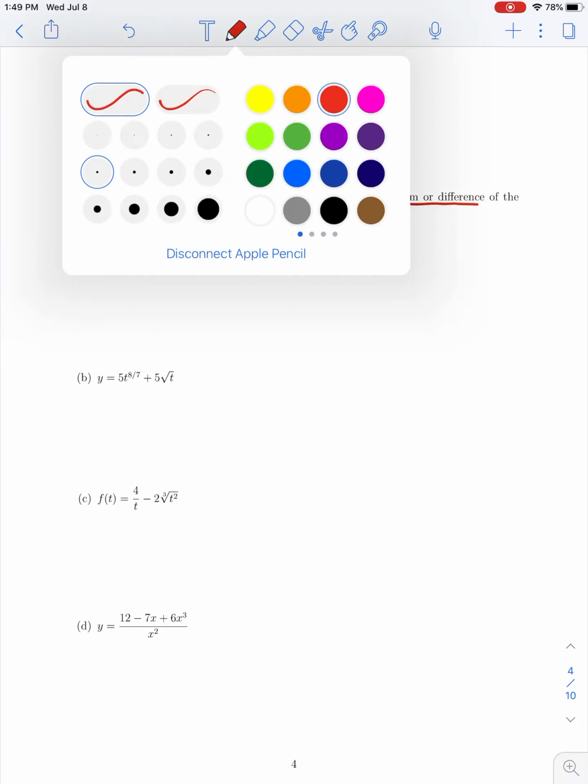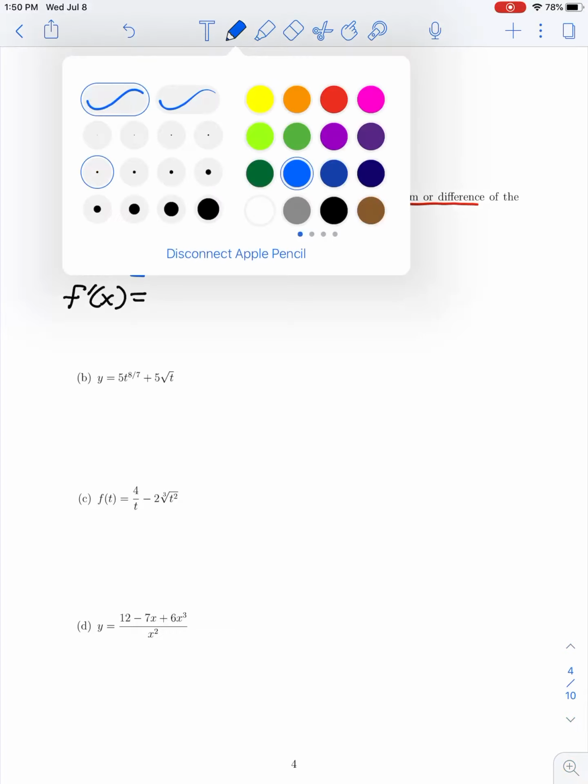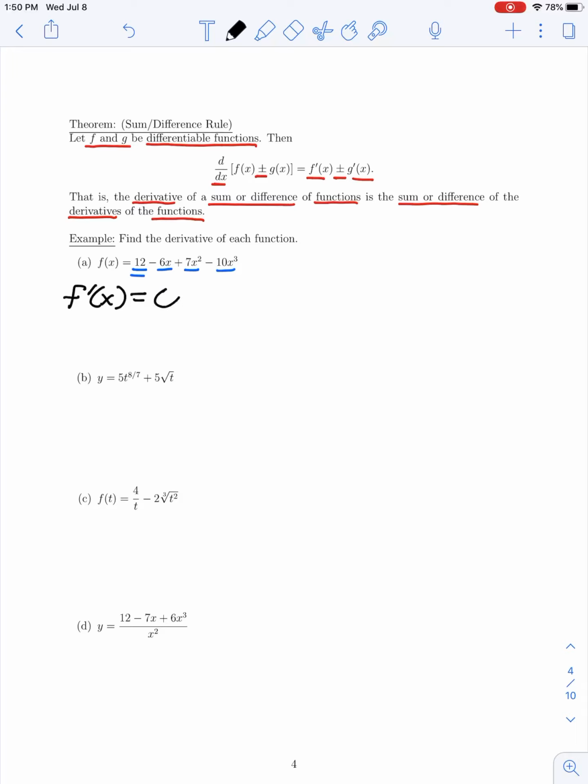So using the sum difference rule to find the derivative of this function, f prime of x, I can take the derivative of each term one by one, and then take the sum or difference of the derivatives of each of those terms. So starting with my first term, 12, well, 12 is a constant, and the derivative of a constant function, we said, is 0.